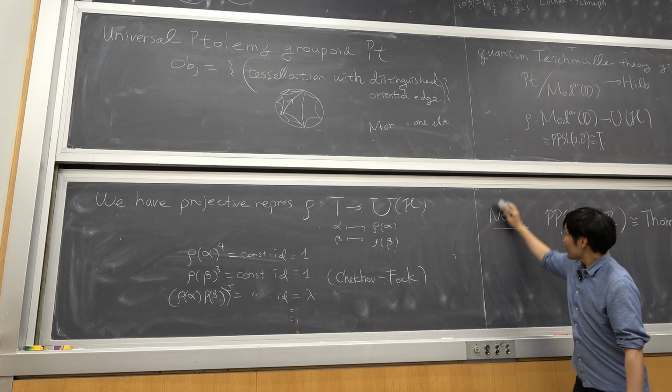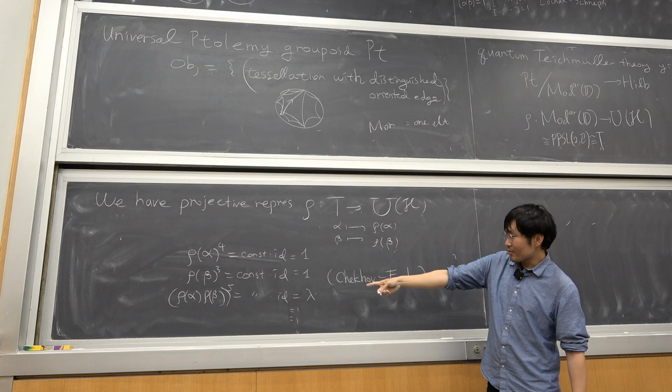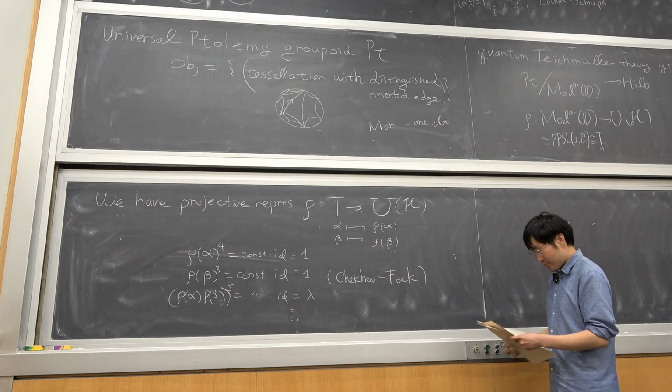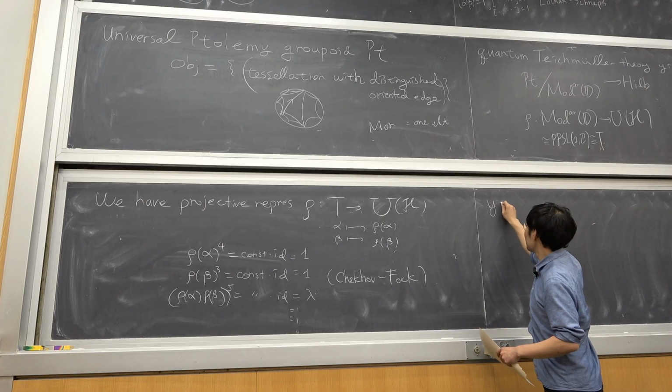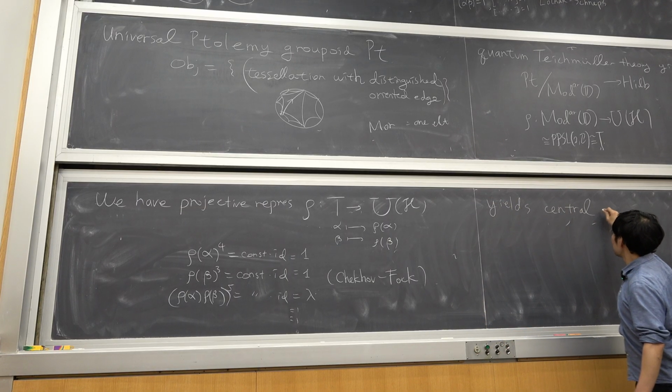And so one way to understand the projective representation of a group in general is you can lift it to an honest representation of the central extension of that group. And you can actually read the presentation of the central extension from that relation. So this yields a central extension.